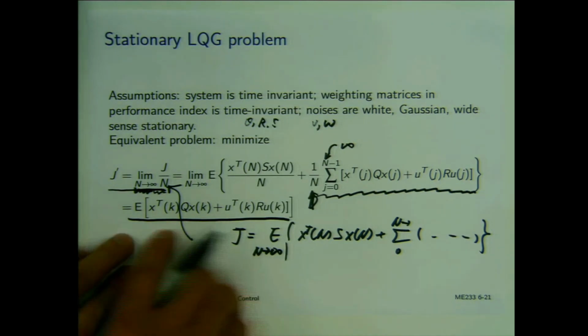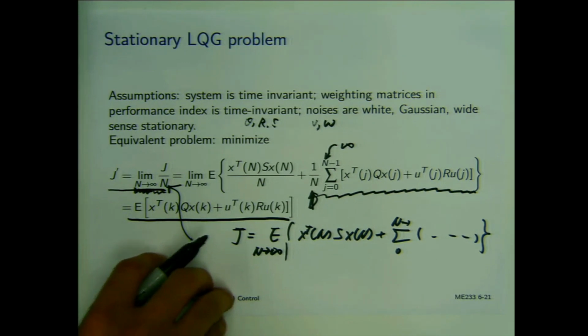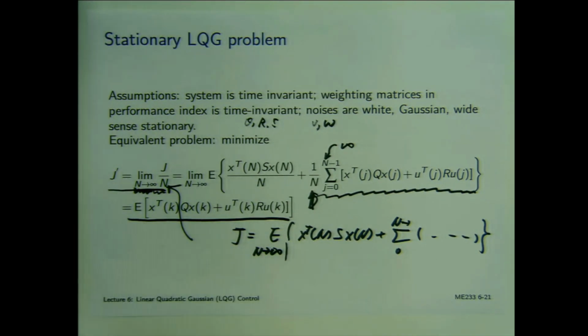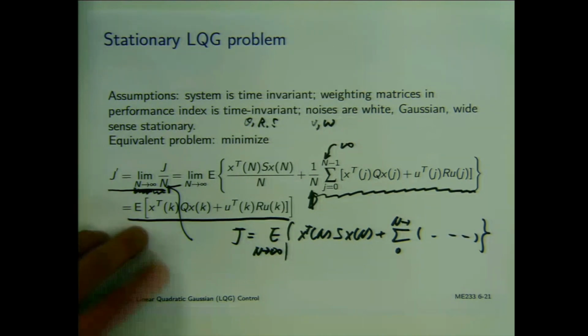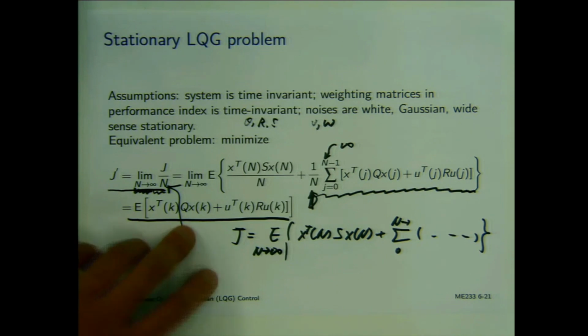And this structure looks convenient for analysis. So in this sense, for the stationary LQG problem, we are minimizing the mean, on average, of these quadratic terms.